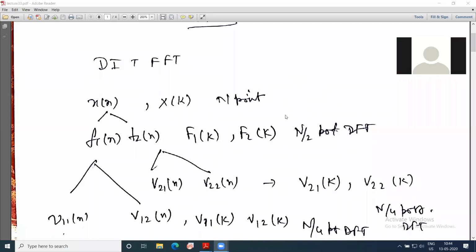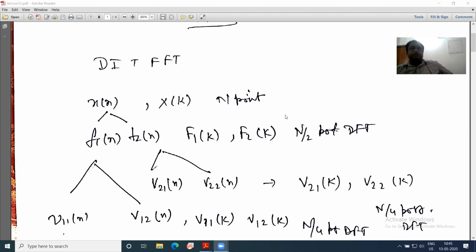You know that the purpose of the FFT algorithm is to reduce the computational complexity of the discrete Fourier transform, or DFT. This is done by decreasing the value of n. What do I mean by that?